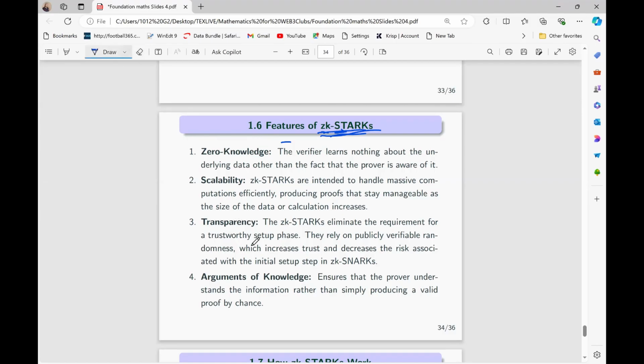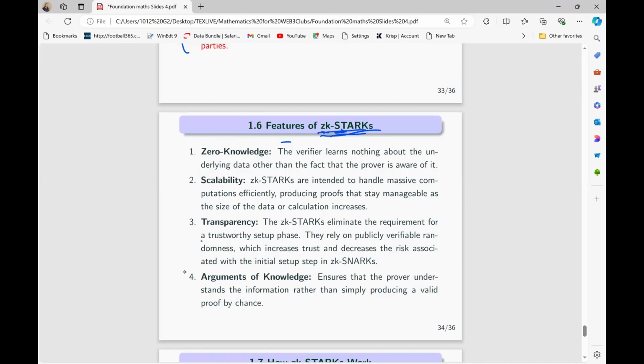Now, transparency here means that the ZK stacks eliminate the requirement of trustworthy setup. So there's trustworthy setup first, which was number one in the ZK snarks. So the transparency, this T, comes now to replace that, so that we do not need this trustworthy setup phase. This one does not have that phase. So how do they do it?